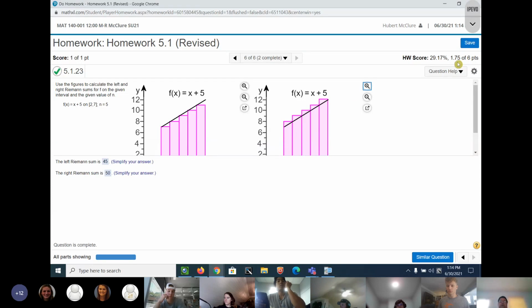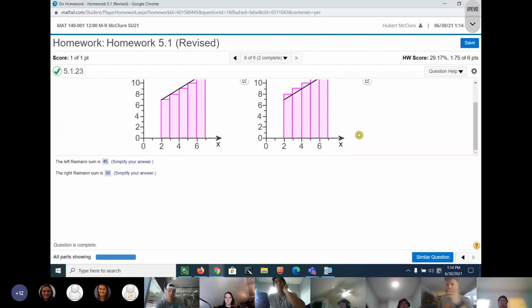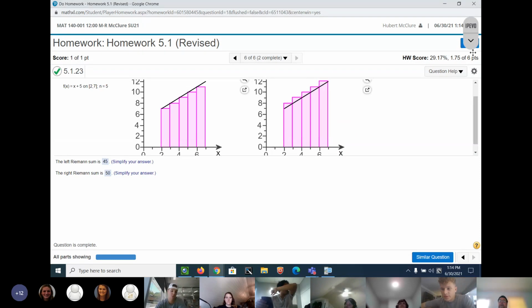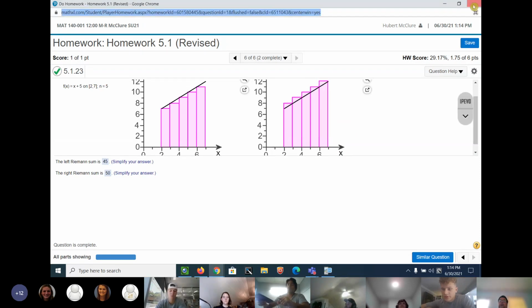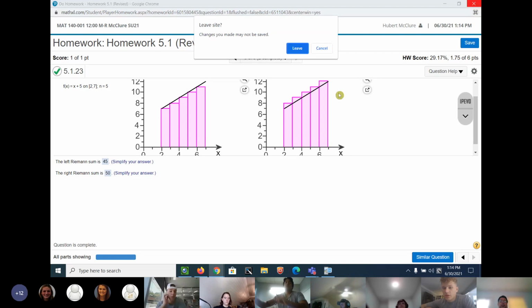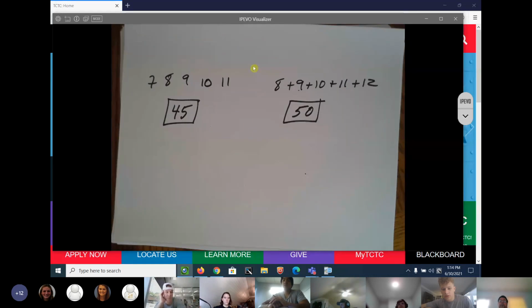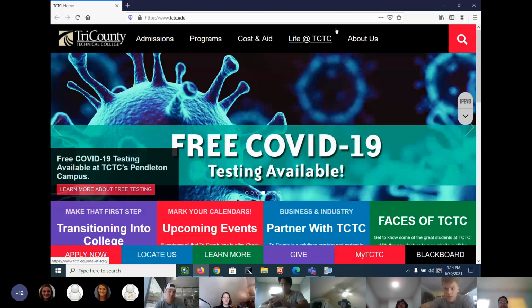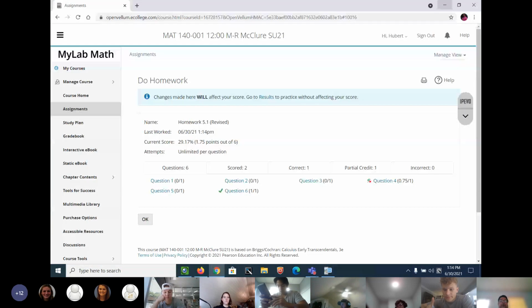All right, let's move on to 5.2. It was 114. Dang, we started late. Okay, well, I want y'all to work on 5.1 through 5.3 because we have covered 5.3. 5.2 is a continuation, kind of a mix.